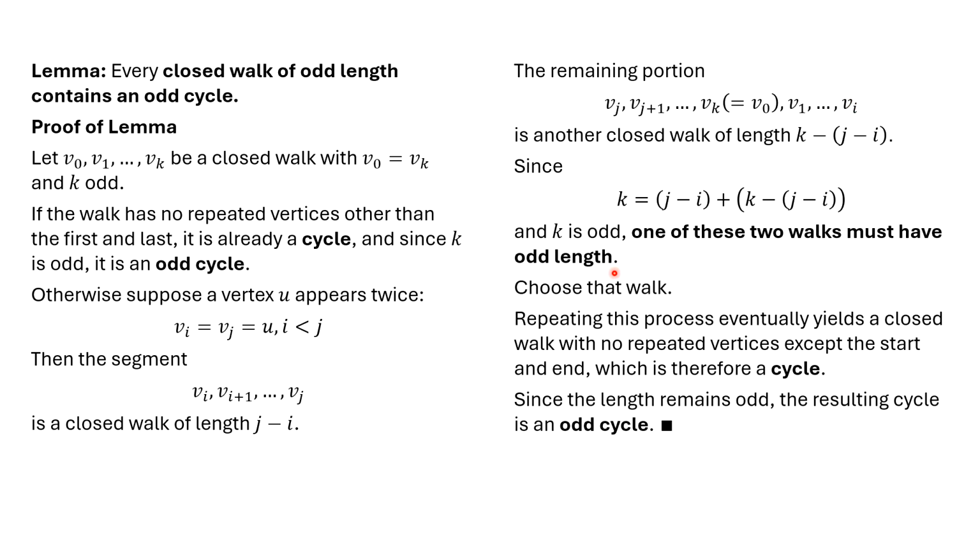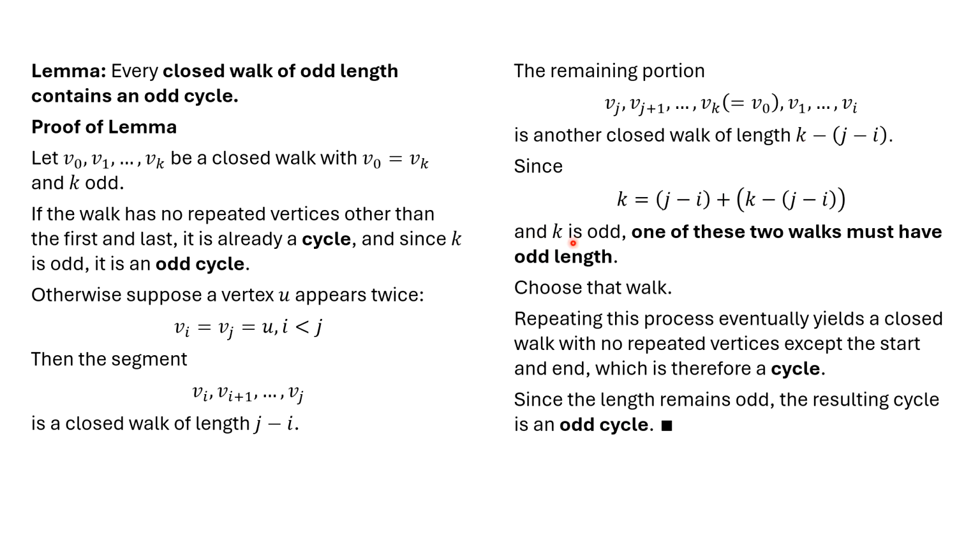So you're basically leaving this out. You're starting from here and going here, but in the opposite direction. So that's another closed walk. Its length is the total length k minus the length of this closed walk.